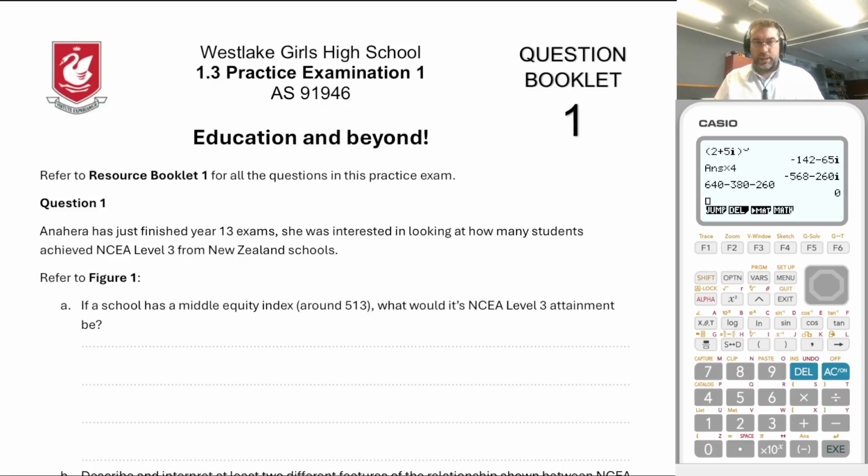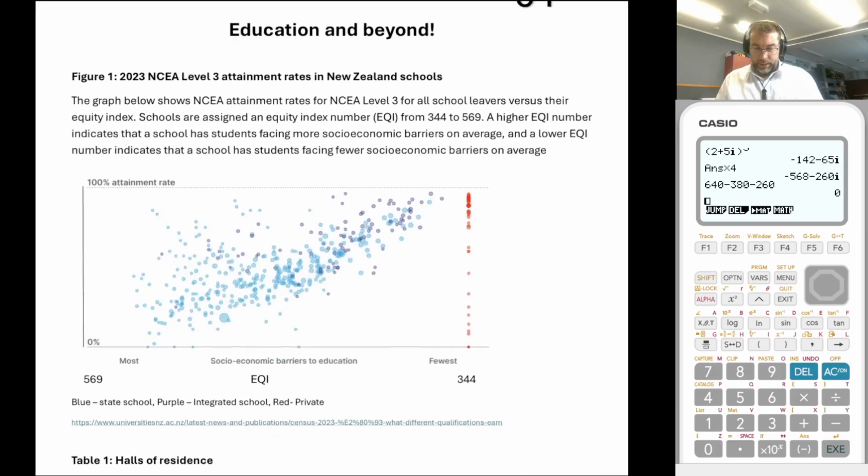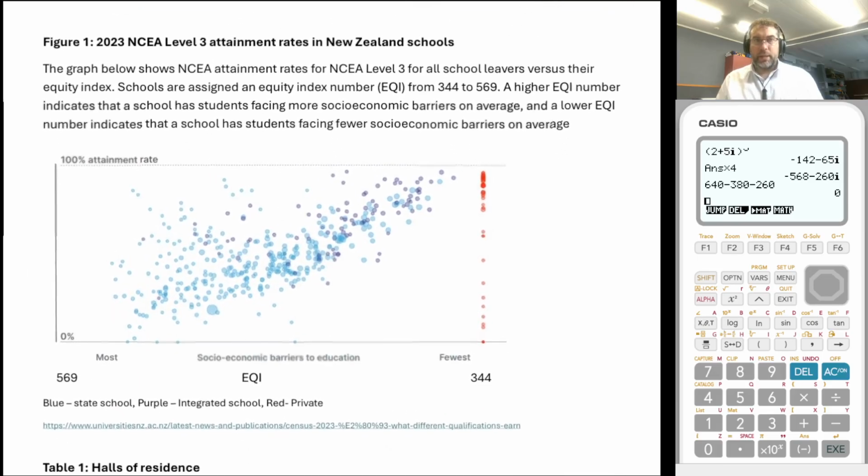The first question tells you to look at resource book 1 and refer to figure 1. So if we look in our resource book, we've got figure 1 here, and I can zoom that in a bit. Figure 1 is a scatter graph.